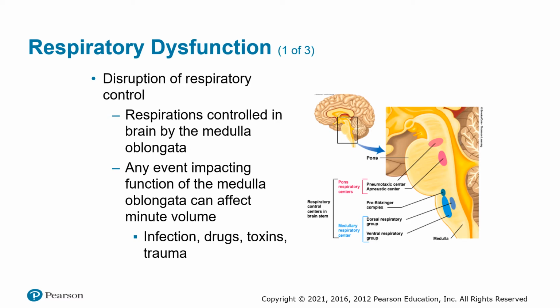Any event impacting the function of the medulla oblongata can affect minute volume, such as an infection. So meningitis can affect the medulla oblongata. Again, head injuries, any kind of drugs or toxins introduced into the body can affect the medulla oblongata and the brain. So all of this interrupts the controlled respirations that are normally there.